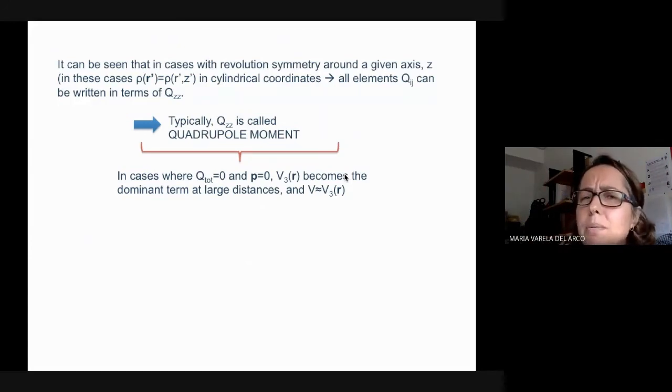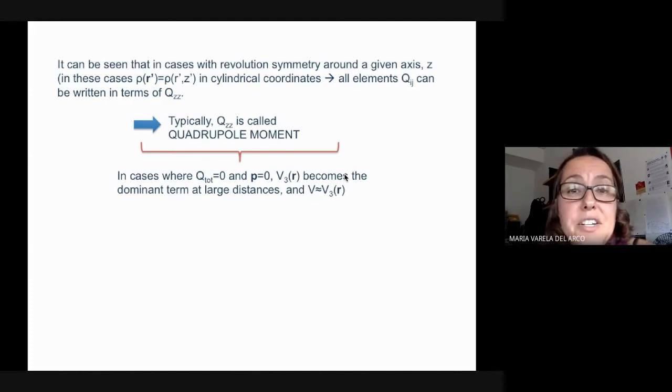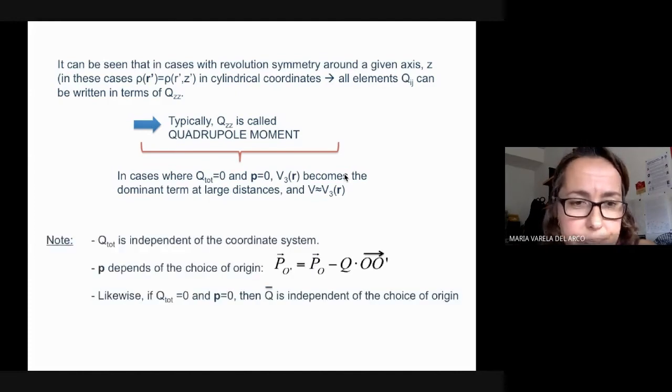It might go to 0 very fast. Yes, of course it will. Quadrupolar fields go down to 0 very fast. They go like 1 over r squared. Sorry, cube, the third exponent, but they are not 0. So sometimes we really want to calculate those fields. Okay? And it becomes the dominant term at larger distances in this particular case.